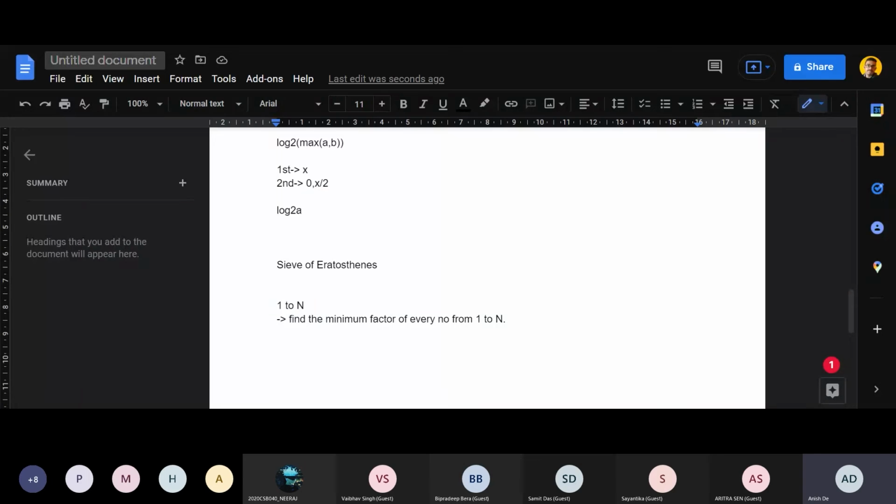For one number, how much time will it take? For finding the minimum factor of one number, what will be the time complexity? You said you will run a loop from 2 to root n of that number. So how can it be O of 1?